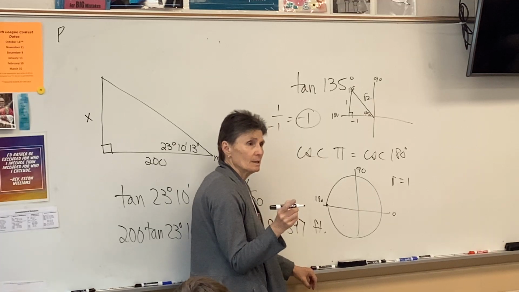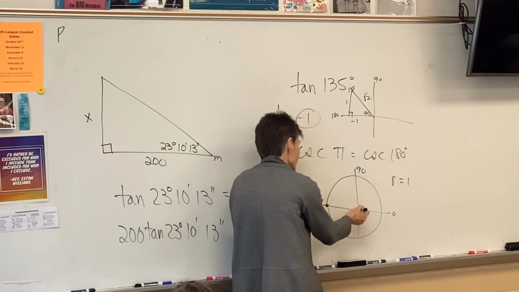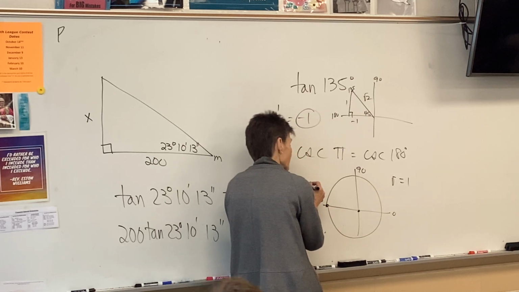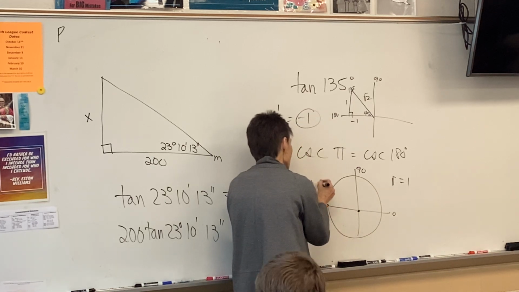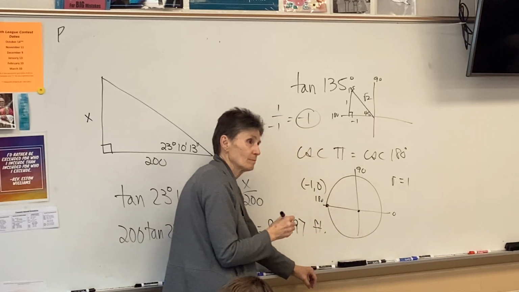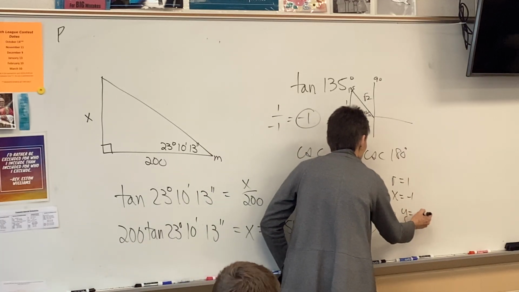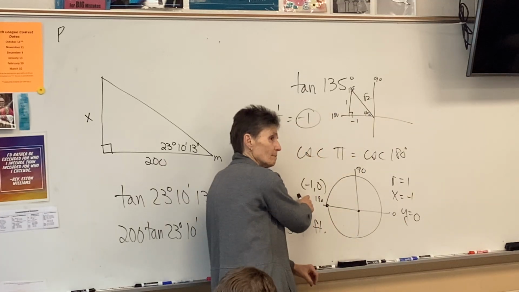And this point, here's the origin, so this point would be negative 1 comma 0. So x is negative 1 and y is 0 from that point right there.